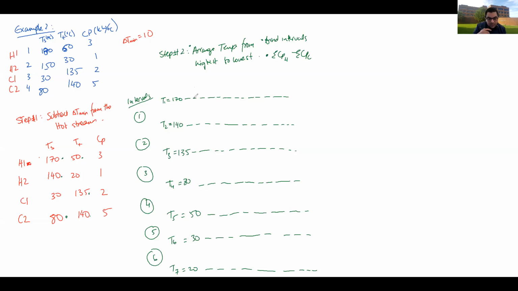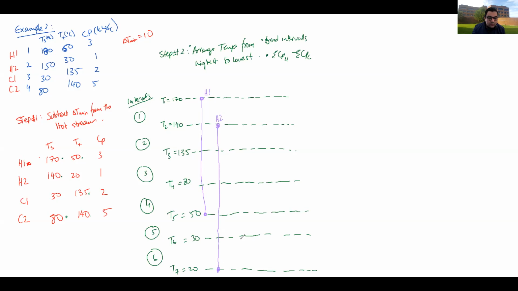So now let's plot our streams. I like to plot the streams. It makes it easier for me to calculate summation CP hot minus CP cold. H1 goes from 170 all the way down to 50. H2 goes from 140 all the way down to 20.